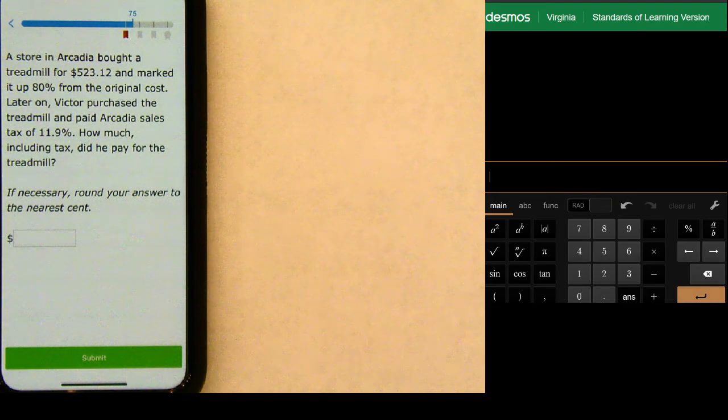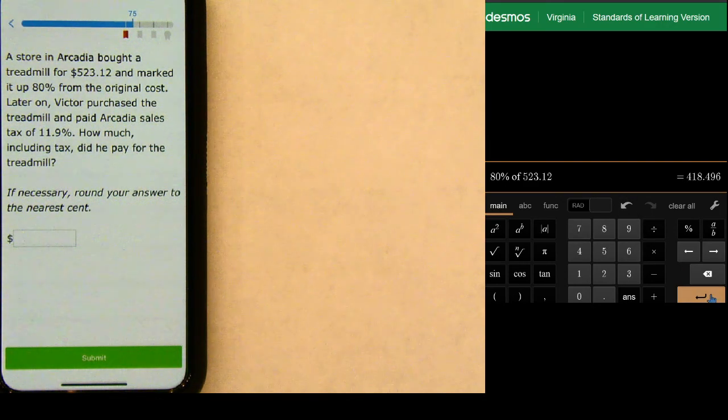So now let's say, okay, the original price was $523.12. And so I need to say, again, how much was the increase? So I said 80% of that amount. And so I'm going to keep it as is. So I'm going to round at the very, very end.